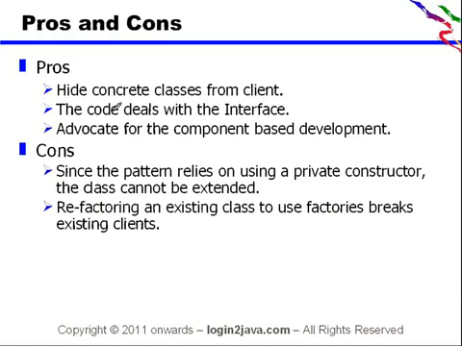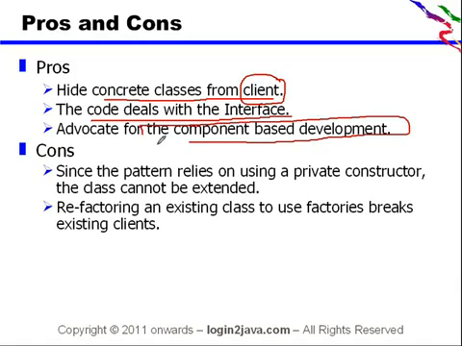So if we see advantages and disadvantages, pros are: hide concrete classes from the client. So the client will not be aware of the implementation inside the concrete class because it accesses it through the interface. The code deals with the interface, so it's actually easy to expand, maintain, and reuse. Advocate for component-based development. This is the most important part.